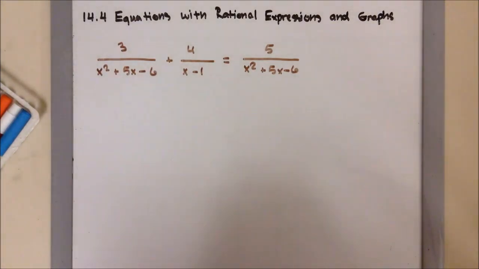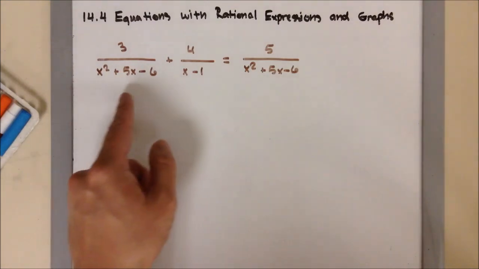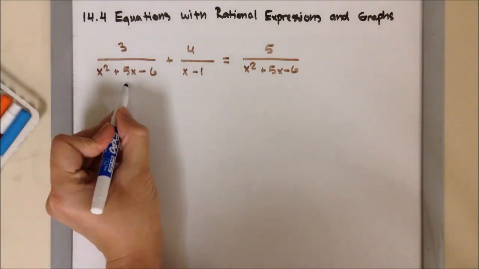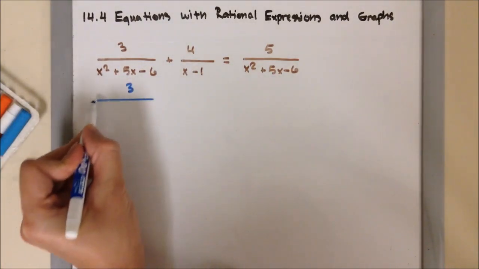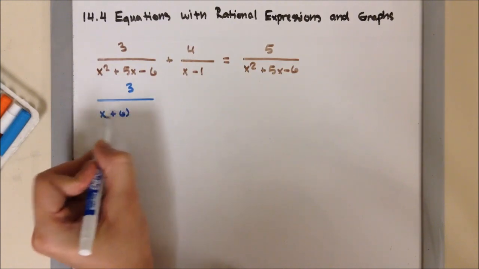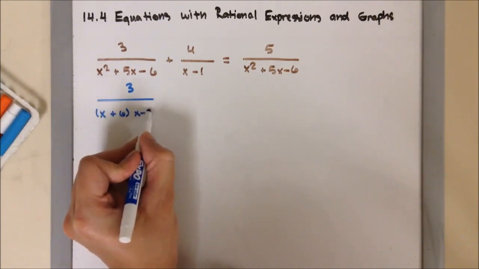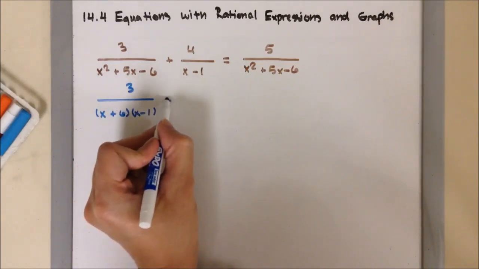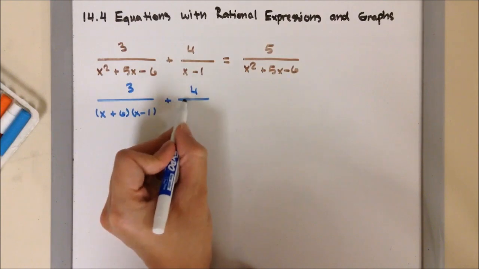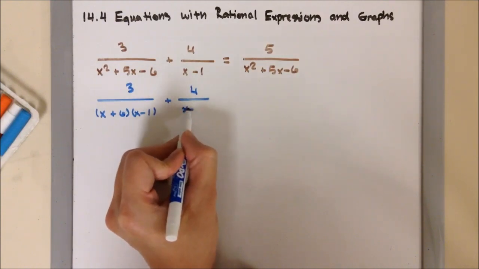So here, when you factor 3 over x squared plus 5x minus 6, we're going to have 3 over x plus 6 times x minus 1. In the second fraction, there's nothing you can do to simplify because it's already simplified and there's no need to factor.